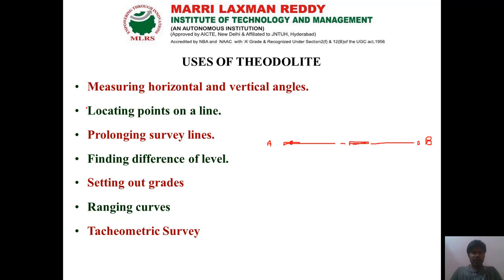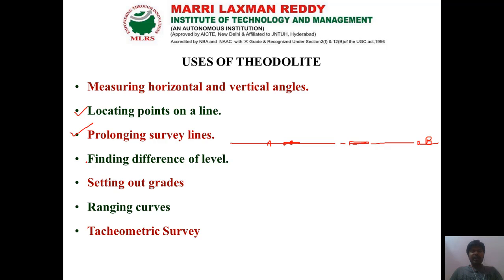That is our second point. Then third point, prolonging the survey lines. If I want to extend this line beyond B or beyond A, I can extend it easily with the help of transit theodolites. That is one advantage.